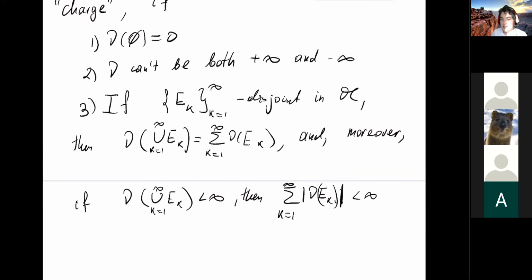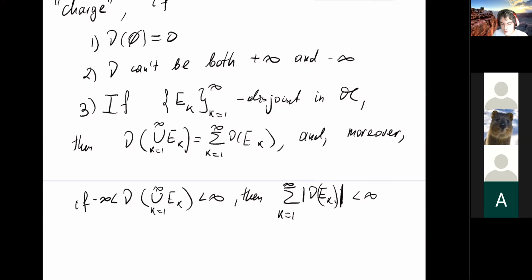Property 3 didn't need this moreover because property 3 for a regular measure means that this sum of nu of EKs is finite if nu of the union is finite. And if sum of positive terms is finite, then it converges absolutely, just because with absolute value or without absolute value doesn't matter. By the way, less than infinity and bigger than minus infinity.